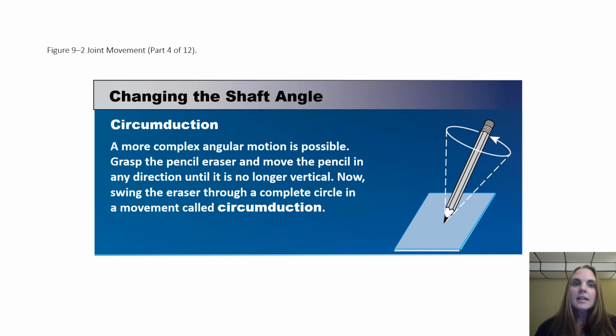With circumduction, we have a more complex angle. So if we place our pencil directly on, we don't move the tip of the pencil, but we can move the eraser in a circular or complex angular motion. That's circumduction versus the angular flexion and extension.